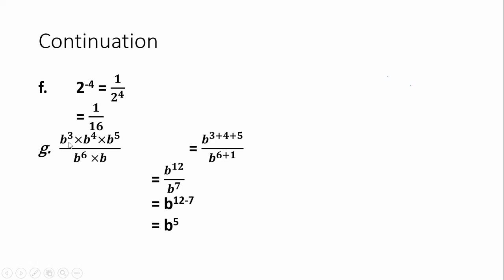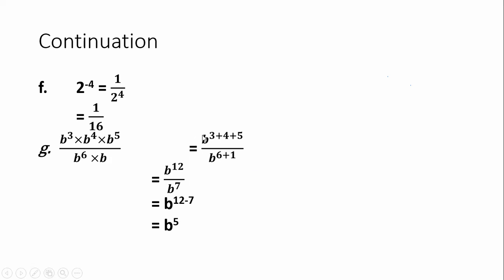Number G, b raised to the power 3 times b raised to the power 4 times b raised to the power 5. The first law, you add their indices, and that's why you have b raised to the power 3 plus 4 plus 5. And the denominator, b raised to the power 6 times b. And that's why you have b raised to the power 6 plus 1, because b now means power 1.